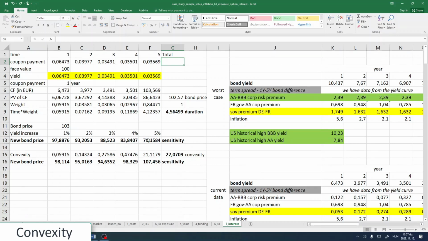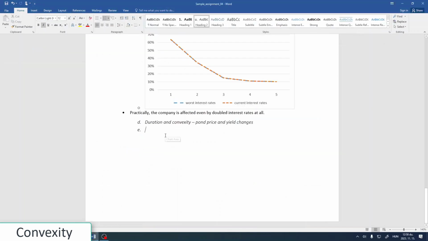In this case the bond price will be highly neutral, what we have here. So I think we can use this.